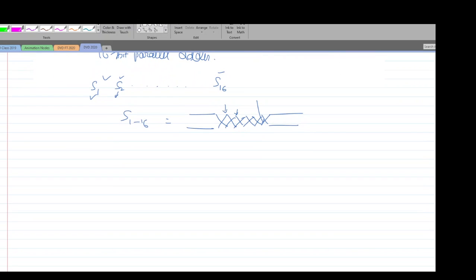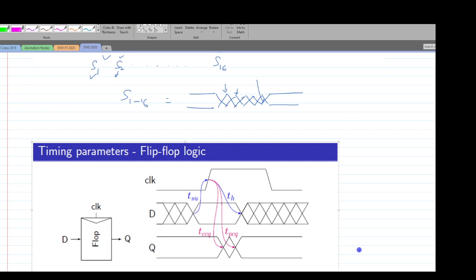Yeah. So now let us focus on the timing parameters associated with the flip-flop circuit. Okay, so as shown here, you could see that the setup time and hold time for a positive edge triggered flip-flop are defined between the clock signal and the input, with the blue one that I have marked.